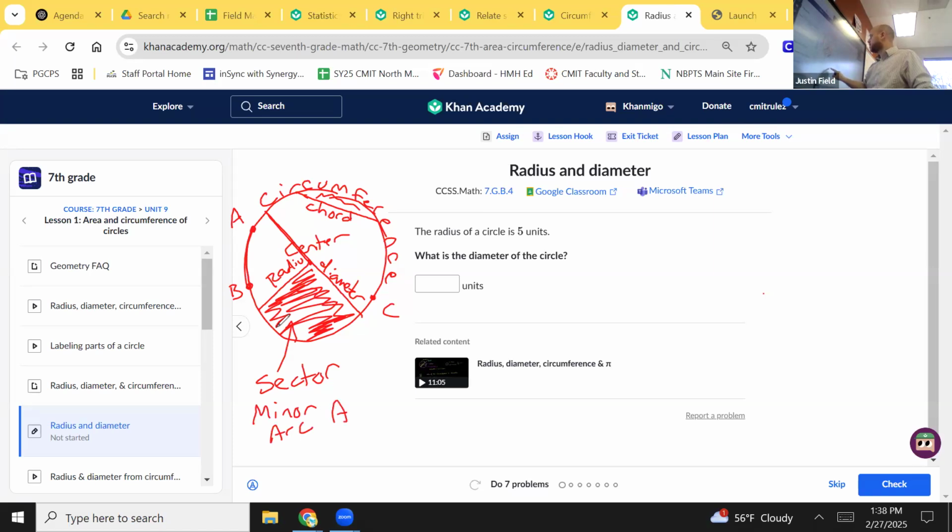A, B, and then put a little arc over it. Remember, we've talked about segments and put a straight bar over it. But then we have a major arc. So the major arc would be the long way around. And that would be to go from A to B, but go through C. And so you want to use 3 letters in that one.